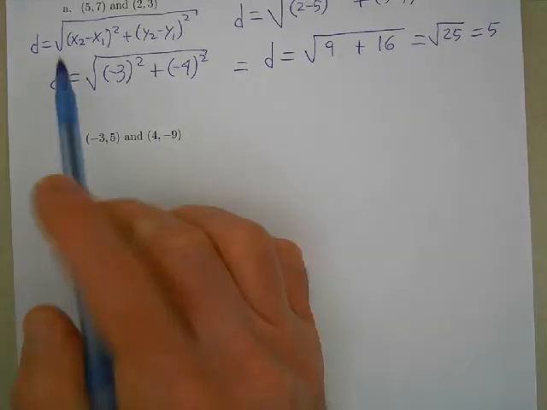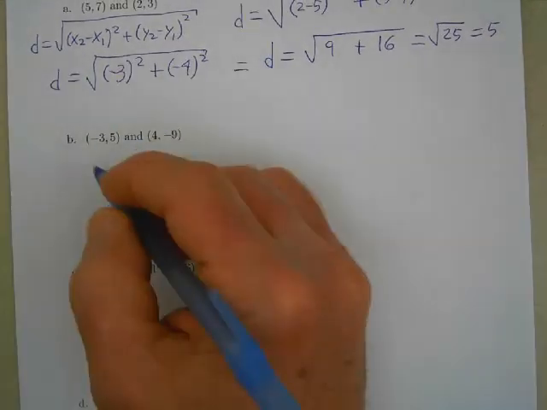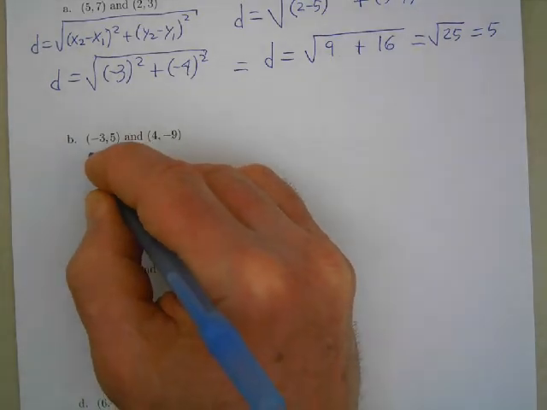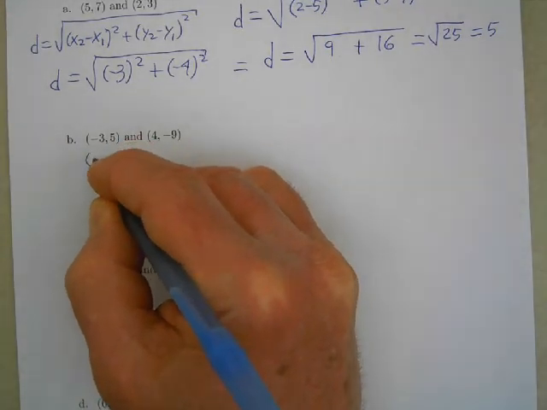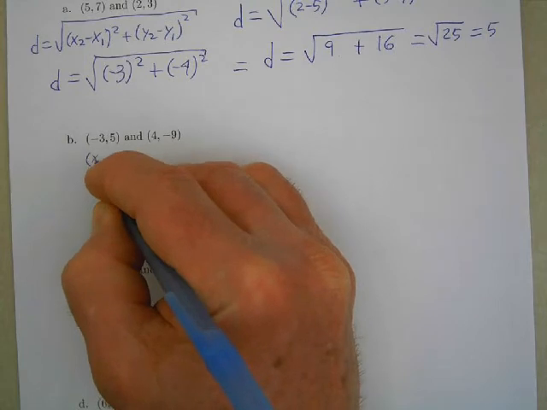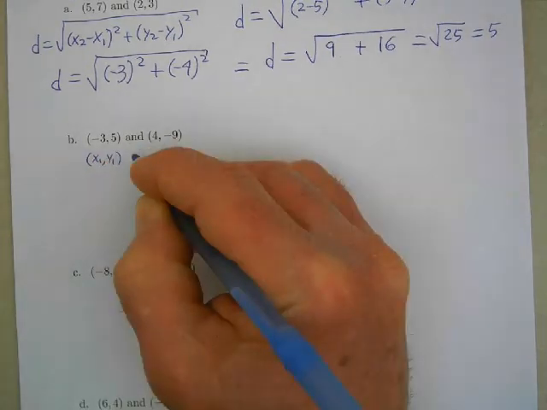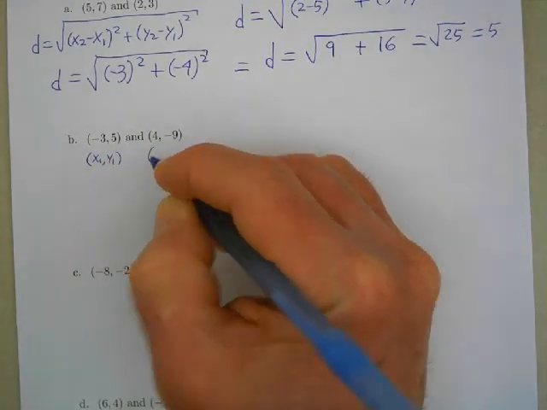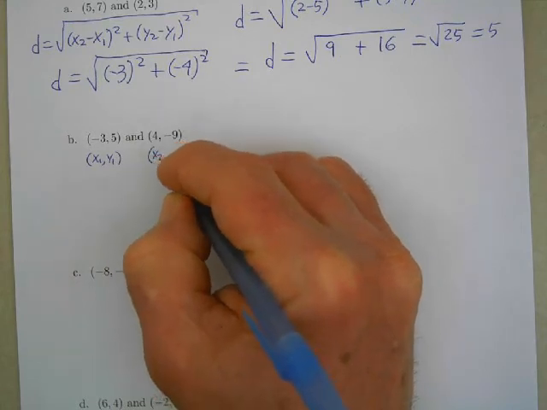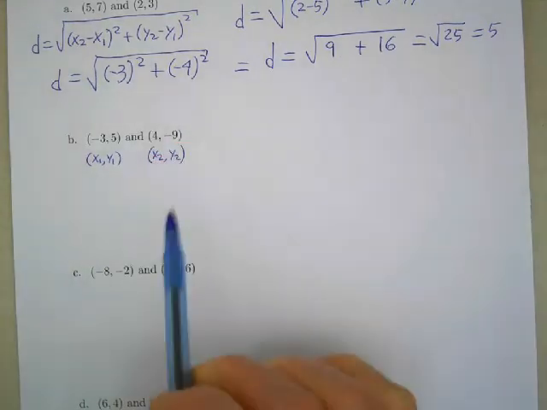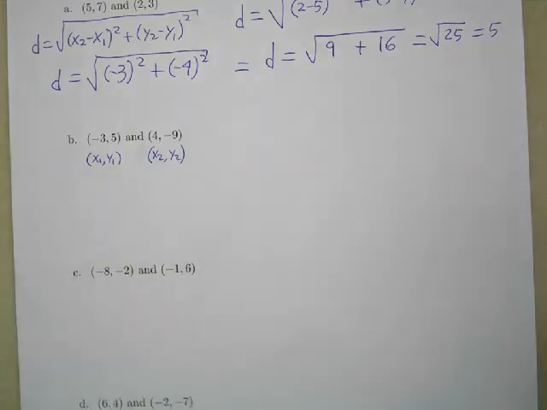Okay, so we have the distance formula up here to look at. So I'll pick the negative 3, 5 to be the x1, y1. And I'll pick 4, negative 9 to be the x2, y2. You can do it in either order, it doesn't matter.